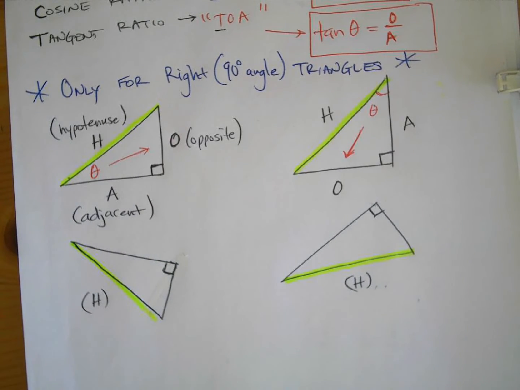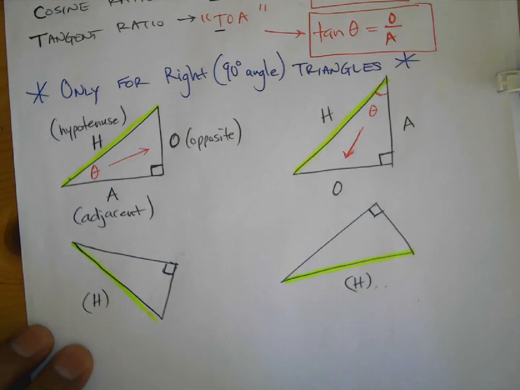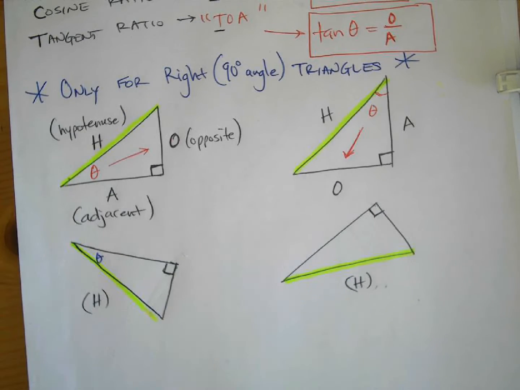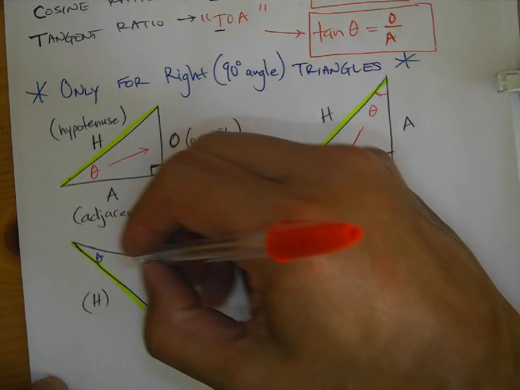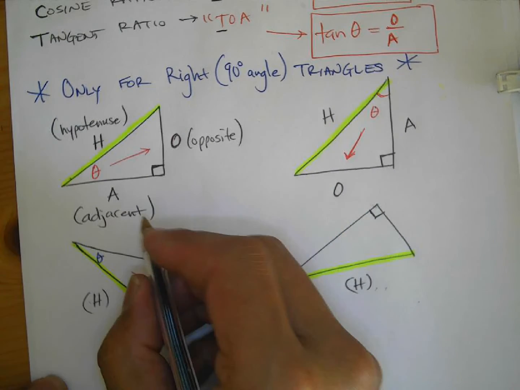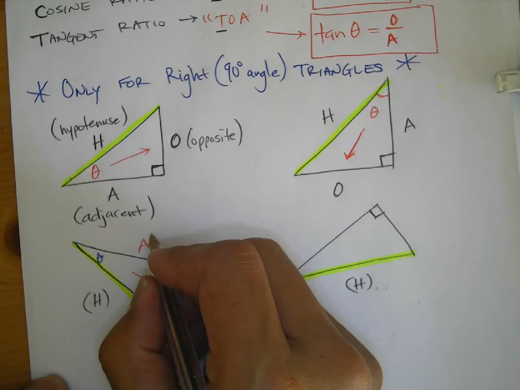And then you have to wait till you look at the angle so you know which one's the opposite or which one's the adjacent. If I make this here the angle, that means now this is the opposite side and the last one's the adjacent.